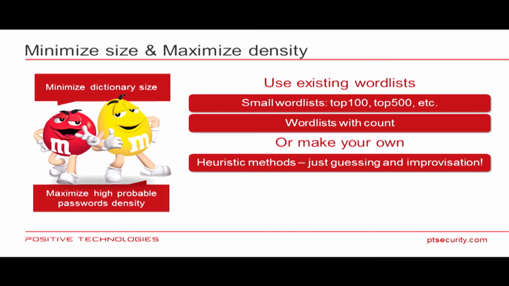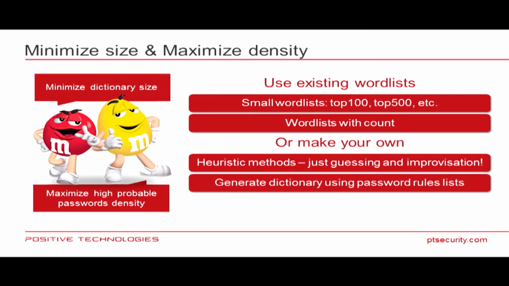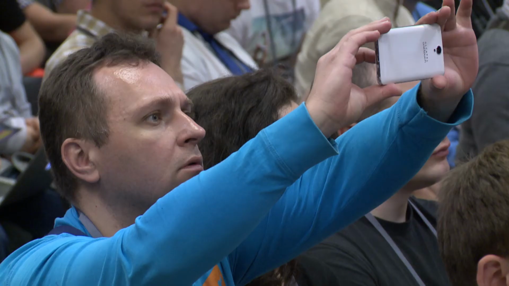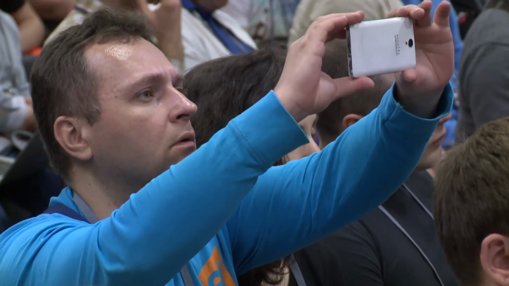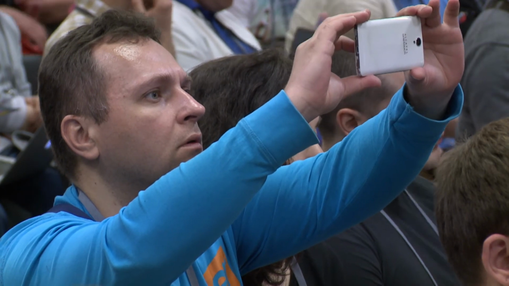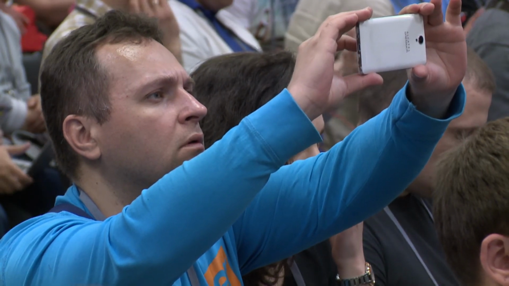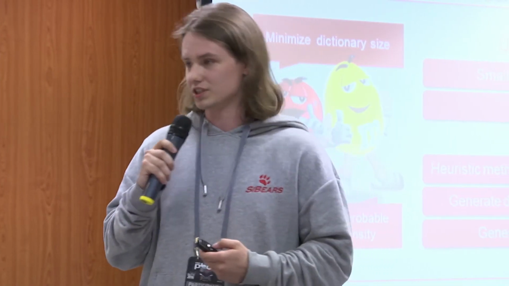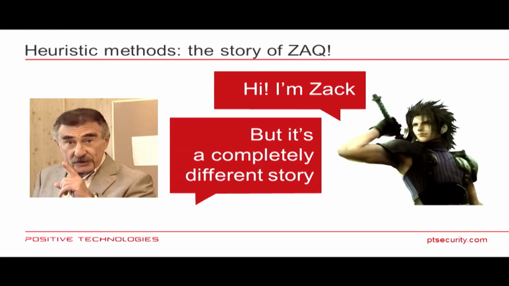We can invent and come up with a dictionary for password generation. Strangely, but it works. Or we may generate passwords by using a password generation rule. And the third way is finding out which would be the most popular rules and using them for password generation.